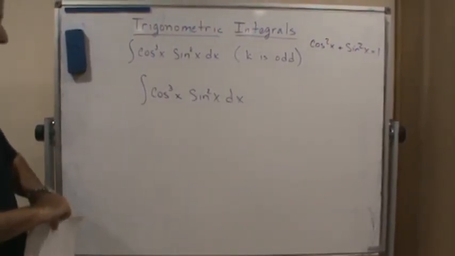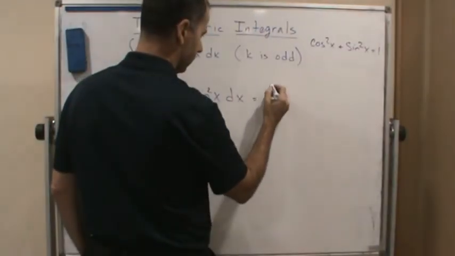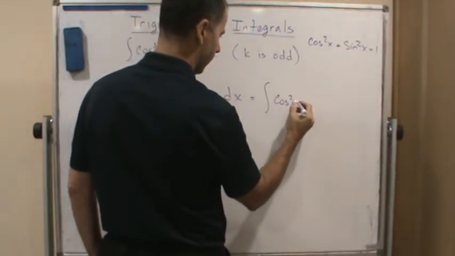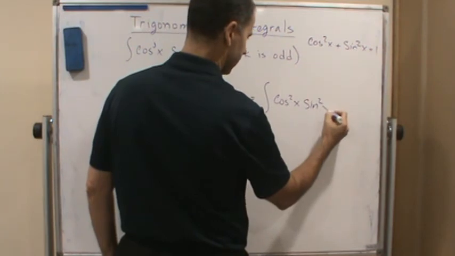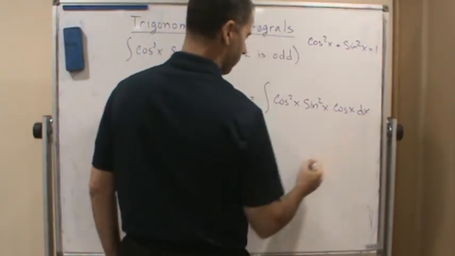So in this case, you're going to shave off one of the cosines, and this is going to become cosine squared x times sine squared x cosine x dx.